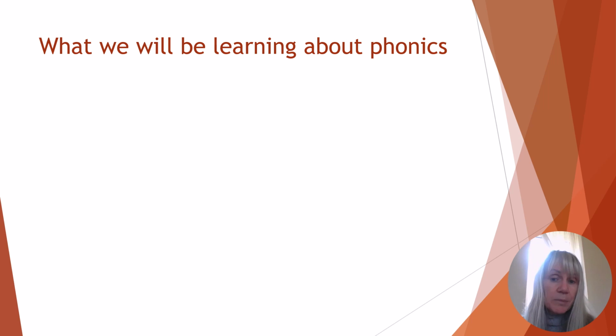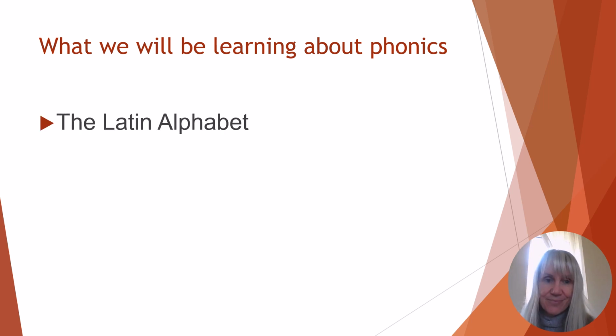So what will we be learning about phonics as we proceed through Chapters 5, 6, and 7? We are going to learn about the Latin alphabet, first of all, the 26-letter alphabet used in the English language. This alphabet consists of consonant and vowel sounds, and it is an alphabet used by many other languages.